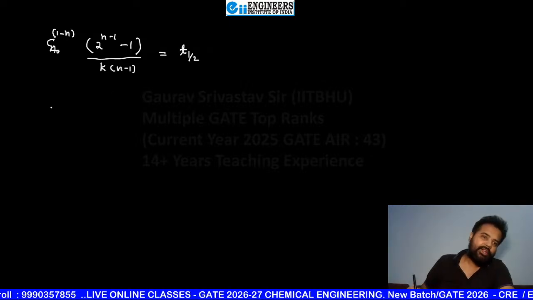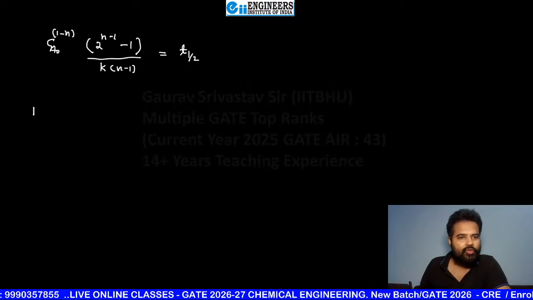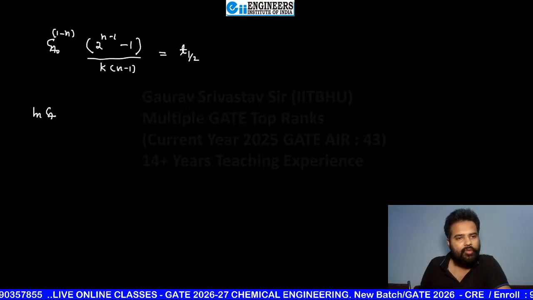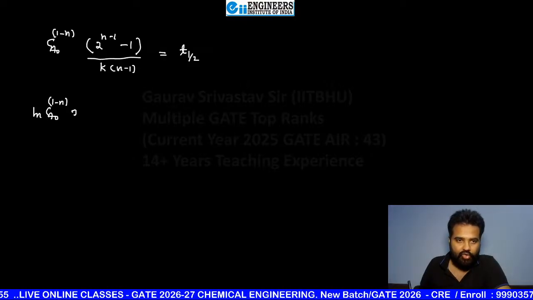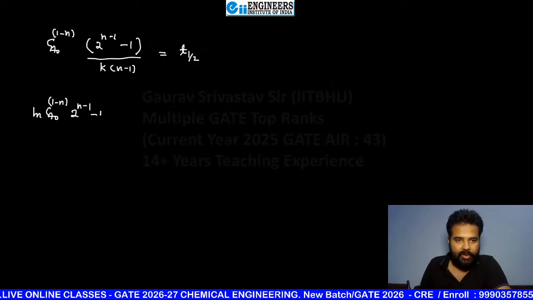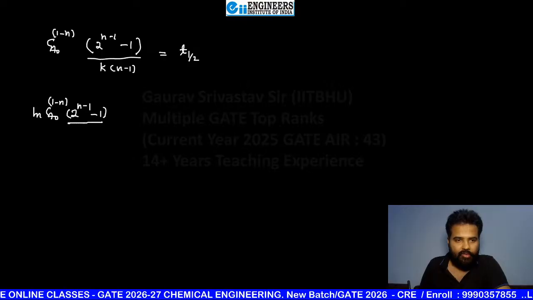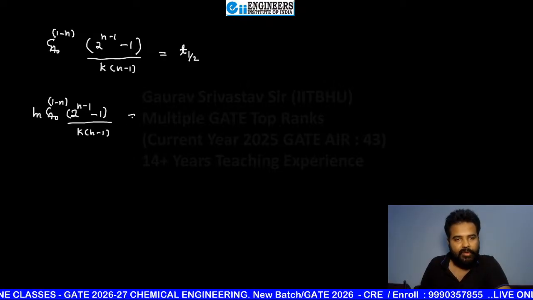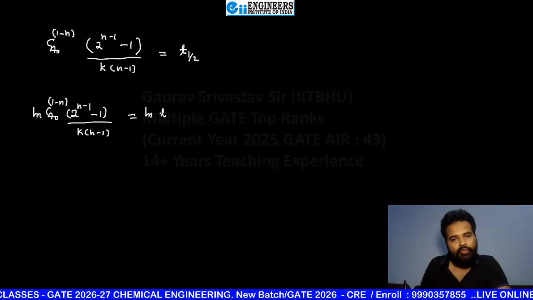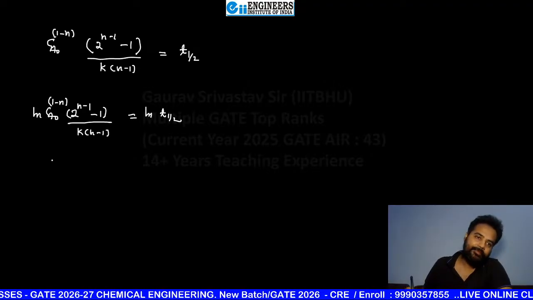Take logarithm both sides. So you can write ln of C naught raised to power 1 minus n into 2 raised to power n minus 1 and whole upon k n minus 1 equals to ln of t half.